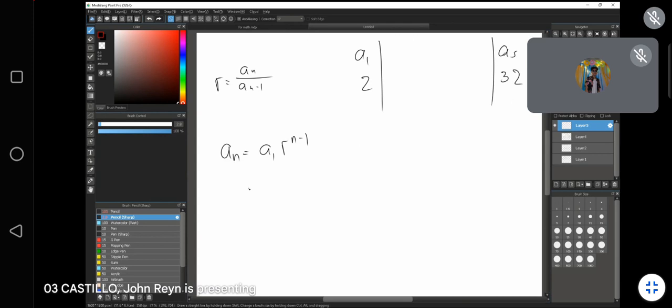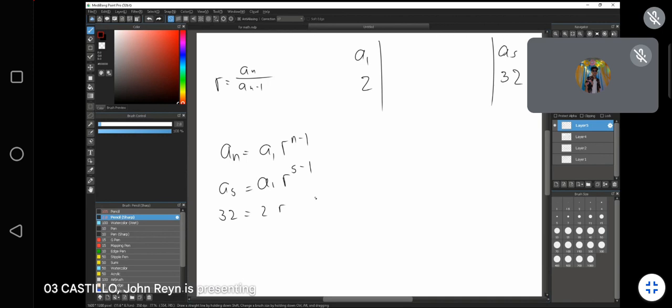So let's use this. So a5 equals a1 times r to the power of n, which is 5 minus 1. Let's write their values now. It will be 32. A1 is 2.